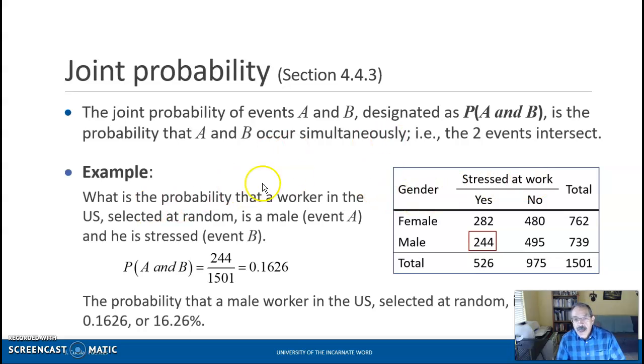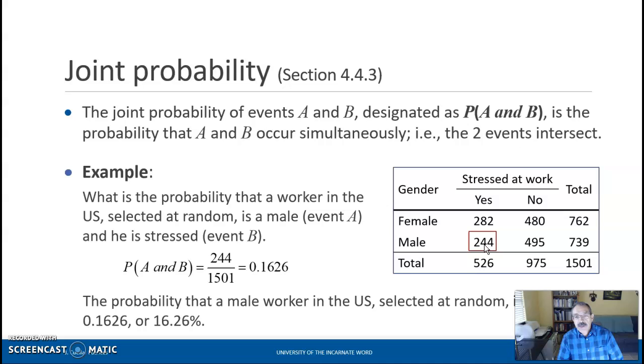If we look at stress workers and then being a male, here's the category of stress workers, and here's the category of male workers. This 244 marks the intersection of male workers with stress workers, or the joint probability of these two classes.